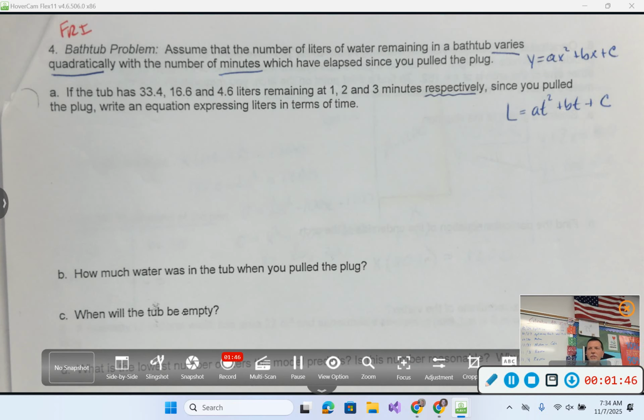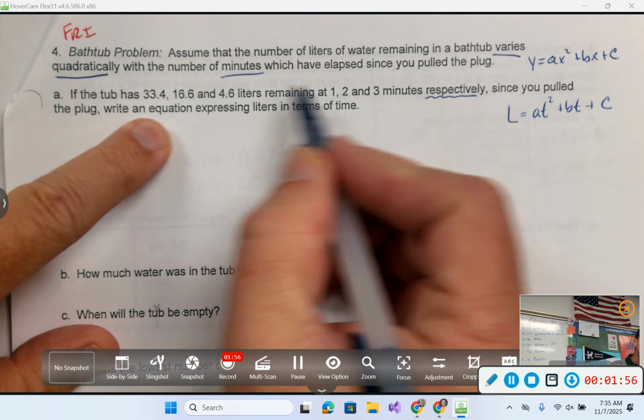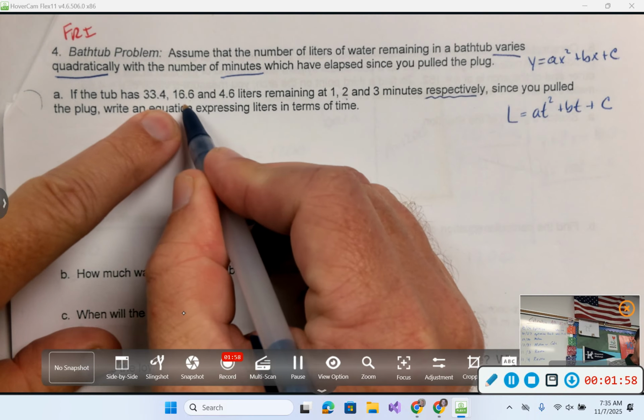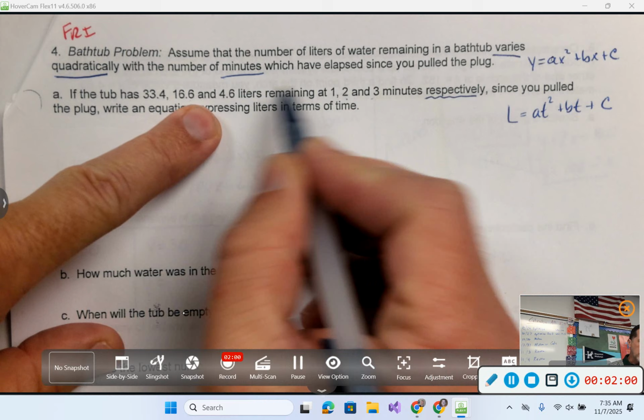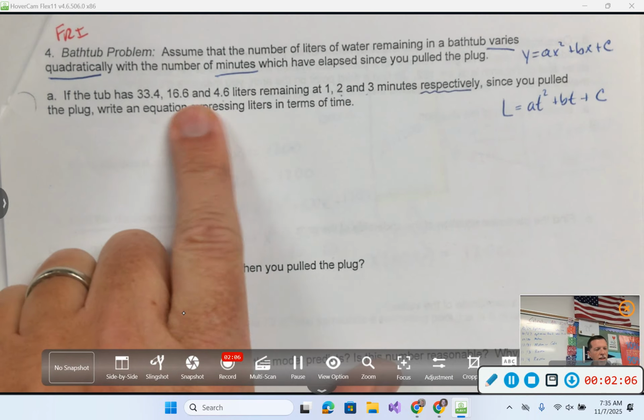Not like respectfully, like we're going to owe honor and deference to these numbers, not that. Like in order. So after 1 minute there were 33.4 liters, after 2 minutes there were 16.6 liters, and after 3 minutes there were 4.6 liters. And I think that makes sense because we're draining a bathtub, so we started with a lot and we're headed towards 0.